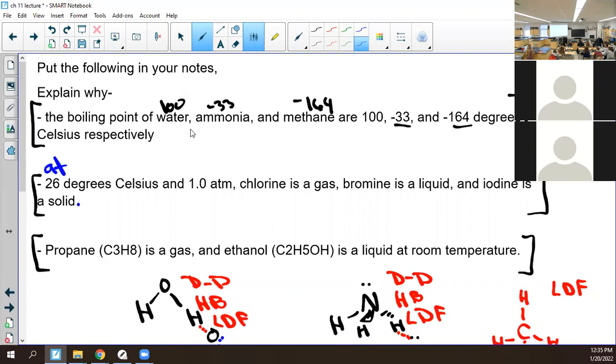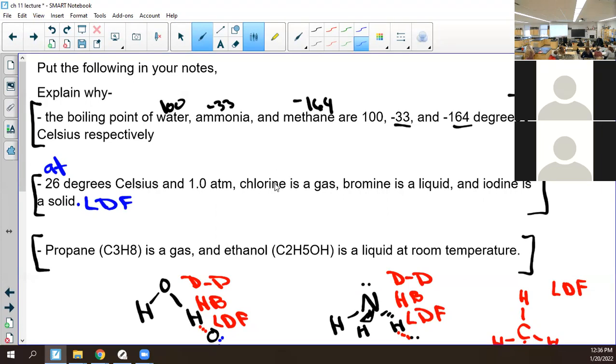The only type of intermolecular forces between all three of these things is what? All right, LDFs, right? So this is a question that's assessing your knowledge about how LDFs change.